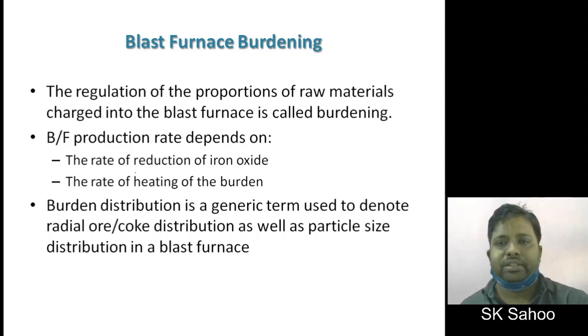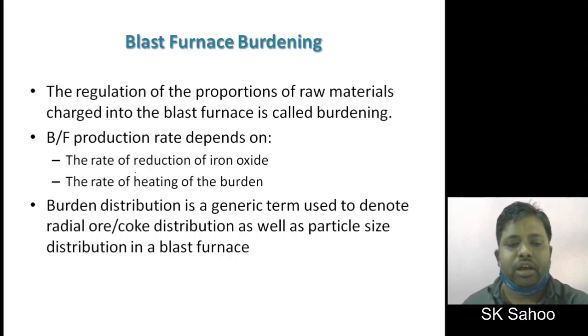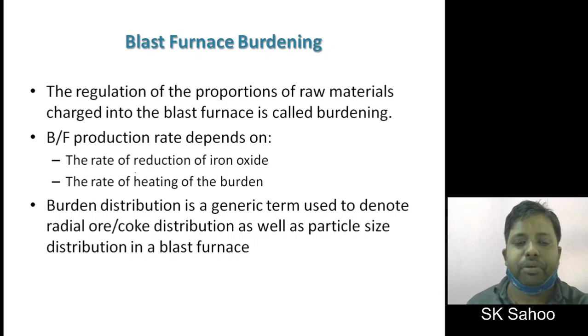Then what is burdening? The regulation of proportion of ore, pellets, sinter, flux, coke and miscellaneous materials charged into the blast furnace is called burdening. Uniformly permeable burden offers uniform resistance to passage of outgoing gases in the countercurrent reactor, that is, in the blast furnace.